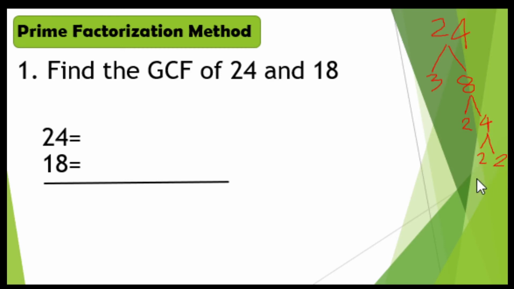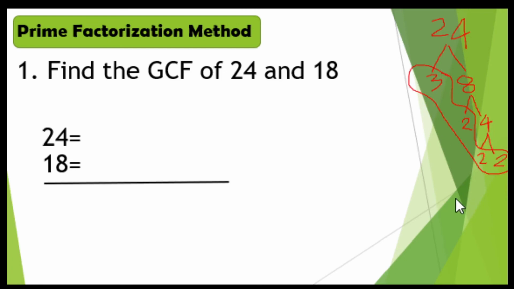Meaning, the prime factors of 24 are 3, 2, 2, and 2. These are the prime numbers of 24.